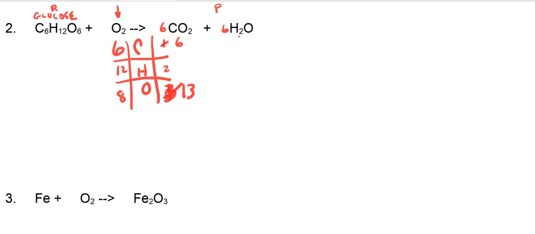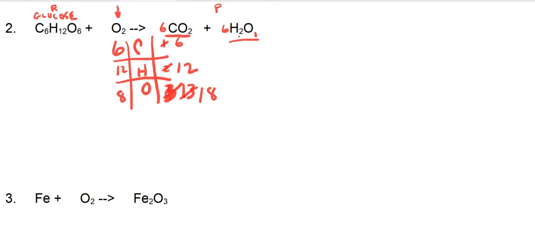So now I have 12 pieces of hydrogen. And then there's a hidden 1. It's not listed, but there's a hidden 1. So 6 times 1 is 6 plus the 12. And so 6 times 1 and 6 in here, and then also 6 times 2, which is 12. So 12 plus 6 is 18.